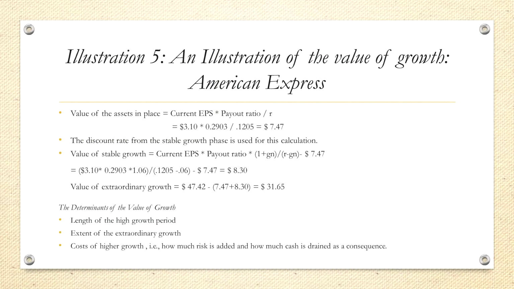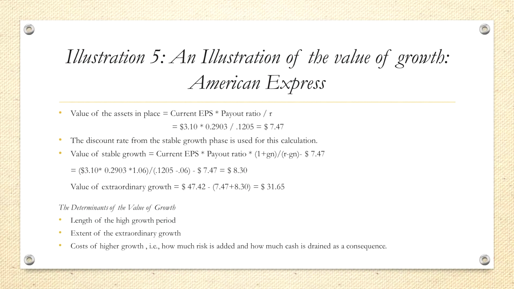And you can look at the value of the assets in place, which equals current EPS times payout ratio divided by cost of equity, which is about $7.47. That's the value of assets in place, assuming that those assets will not generate any future added value.